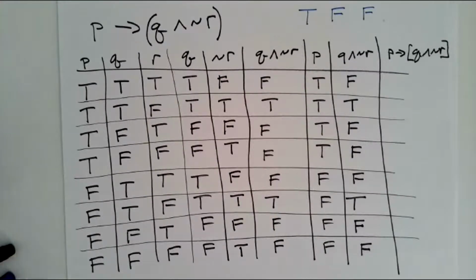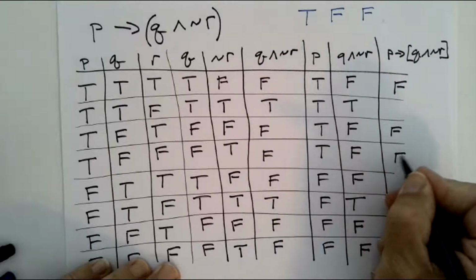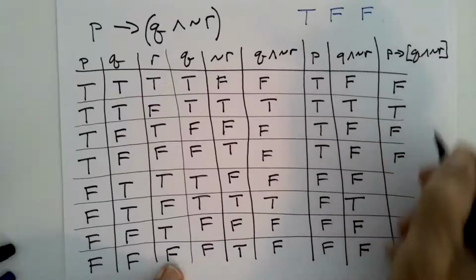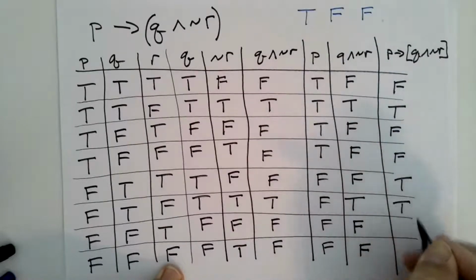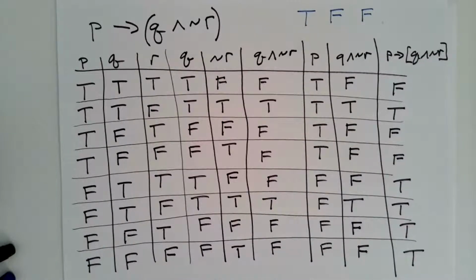Wherever I have TFs, that becomes an F. TF becomes an F. TF becomes an F. TF becomes an F. Any other TFs? I don't think so. If that's the case, all of the others then are true. And that is that if-then statement for 3.